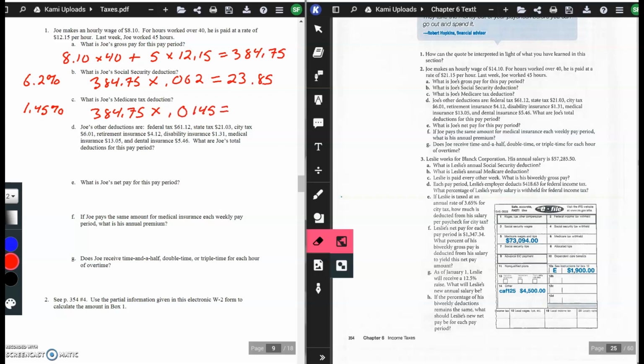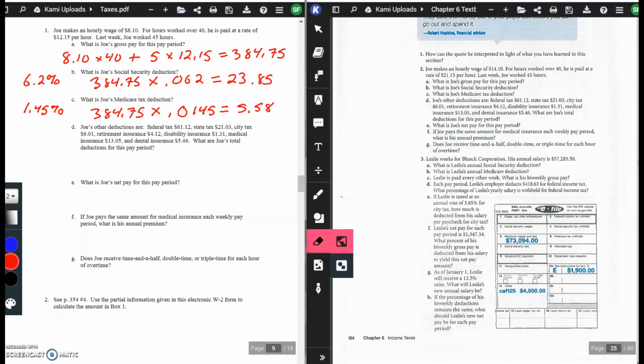Multiply those together, $384.75 times 0.0145 gives you a Medicare value of $5.58. You want to round that 7 up to an 8. You're always going to pay more into the system.